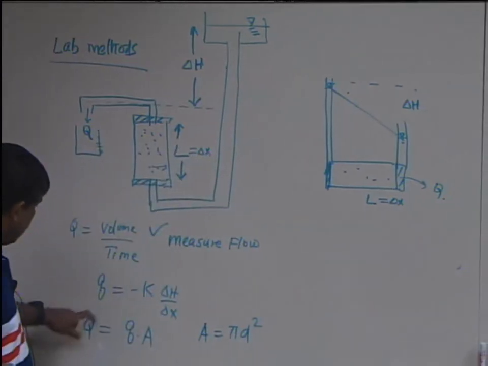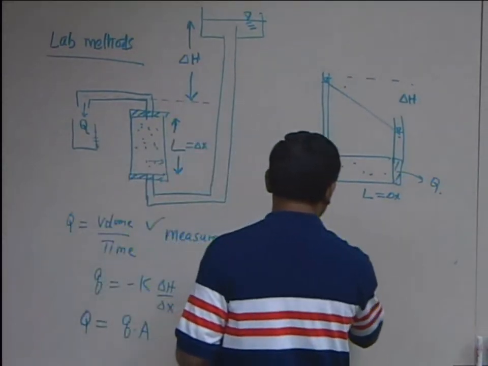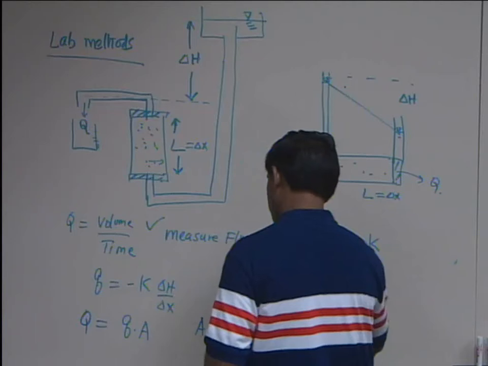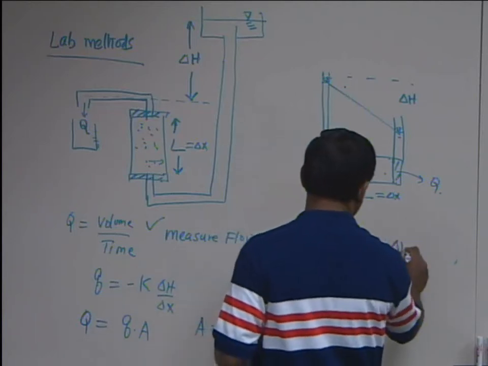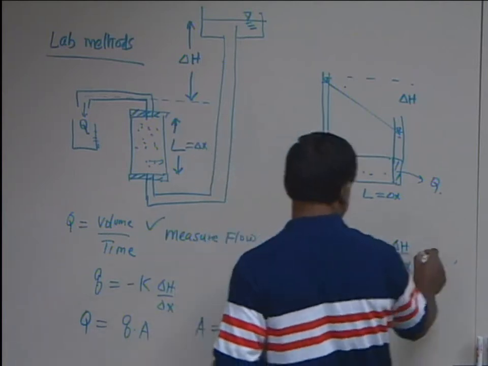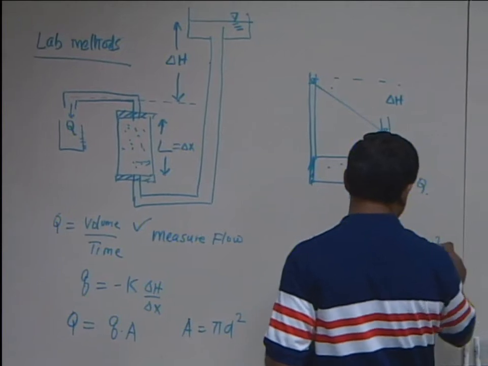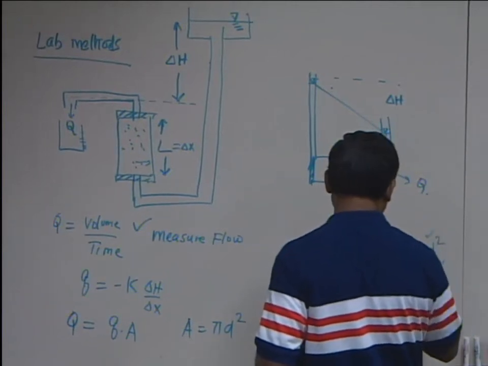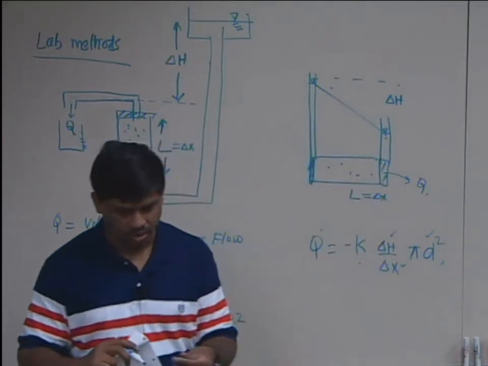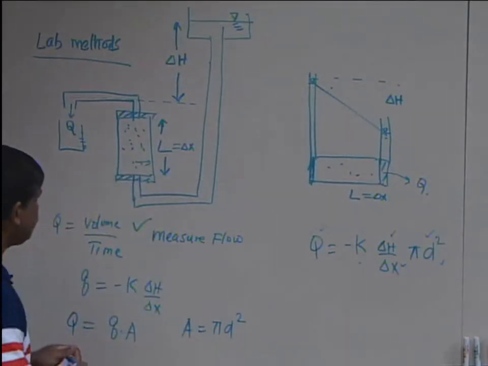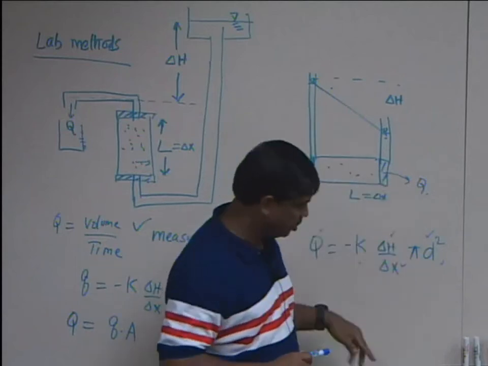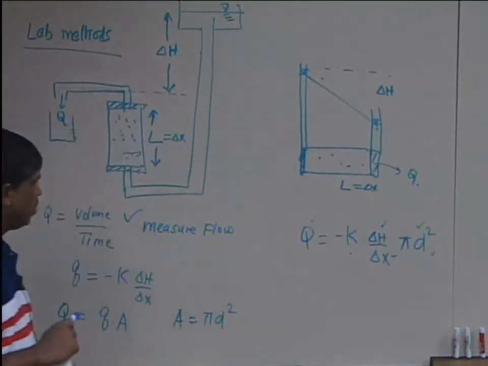Okay, so I can now write this as Q is equal to K delta H by delta X, it's a minus sign, A is pi d squared by 4. Okay, so I know the diameter of the column, I know delta H, I know delta X, I know Q, I can find K. Okay, and the negative will work out, it will be a negative gradient. Basically the flow is in this direction, so it will work out automatically.